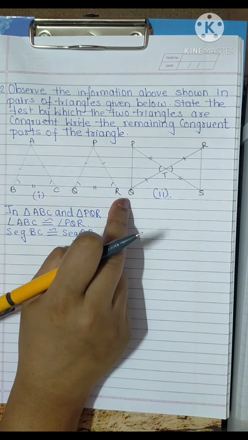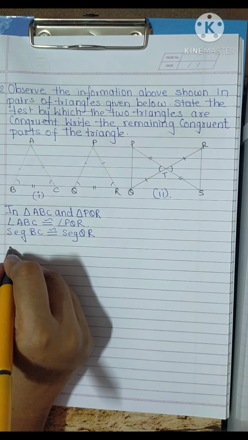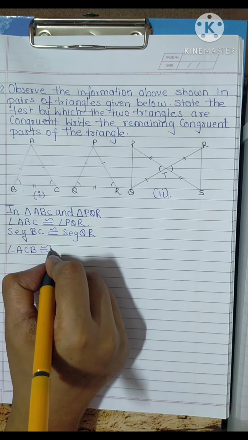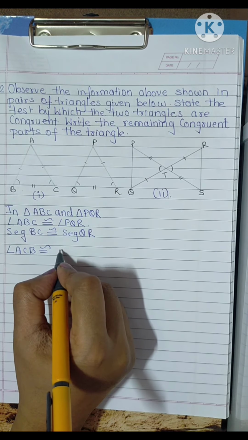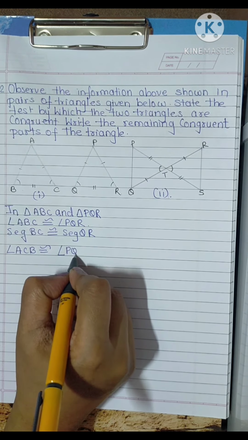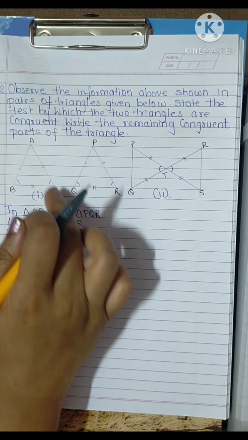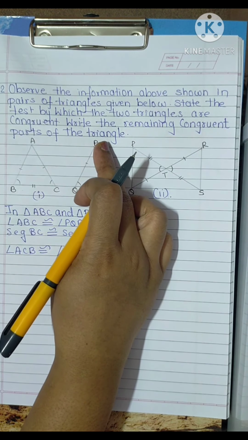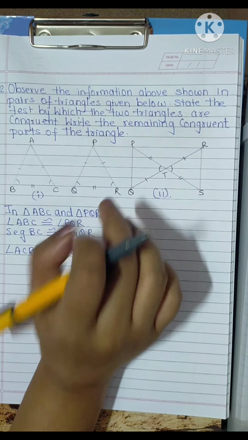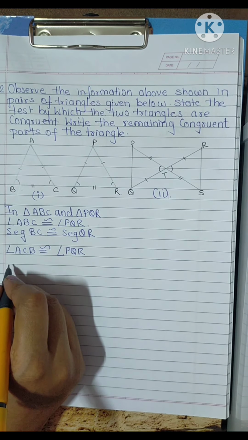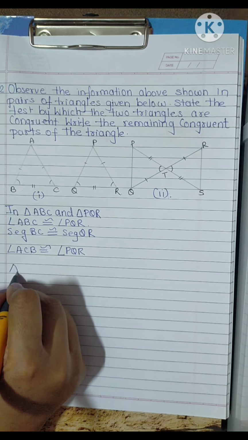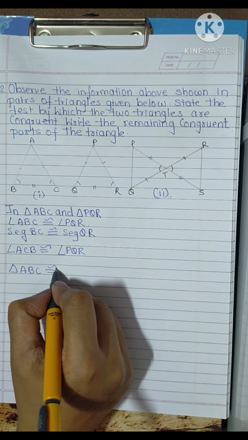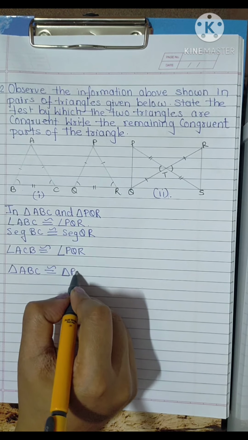It is also given that angle ACB is congruent to angle PRQ. Therefore, triangle ABC is congruent to triangle PQR.